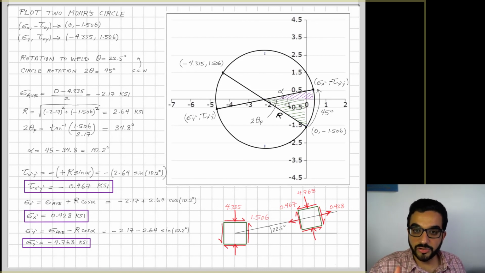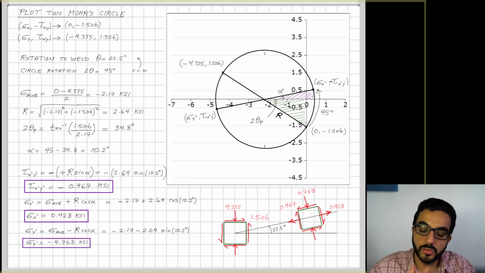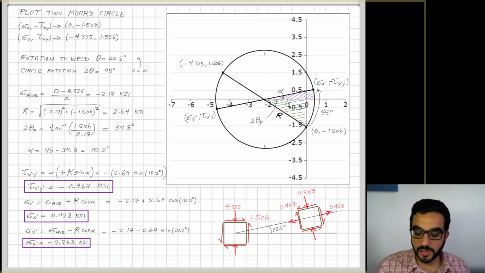Find the orientation of that relative to the x-axis, so I'm trying to find 2 theta p. With that I will know the orientation of the other line relative to the horizontal axis, and I will deal with trigonometry to find sigma x prime, sigma y prime, and tau x prime y prime. It's a very systematic process, but hopefully this second video is a second practice to see how it's done. You will know the process of dealing with the Mohr circle.